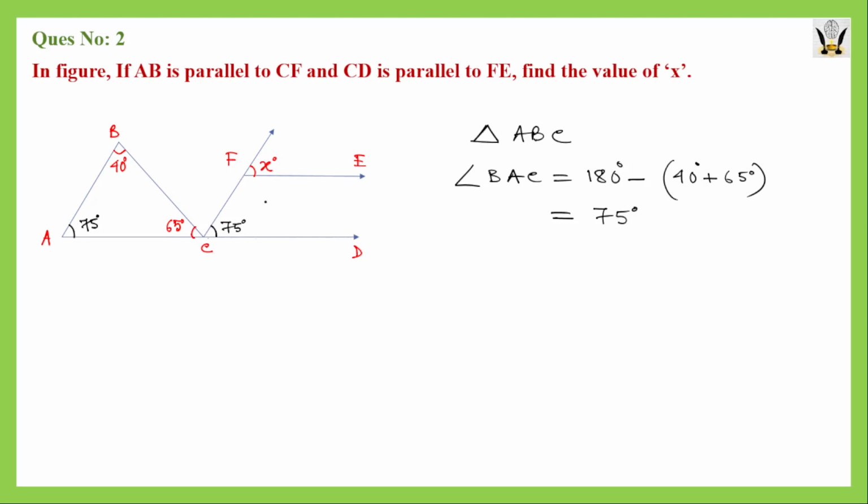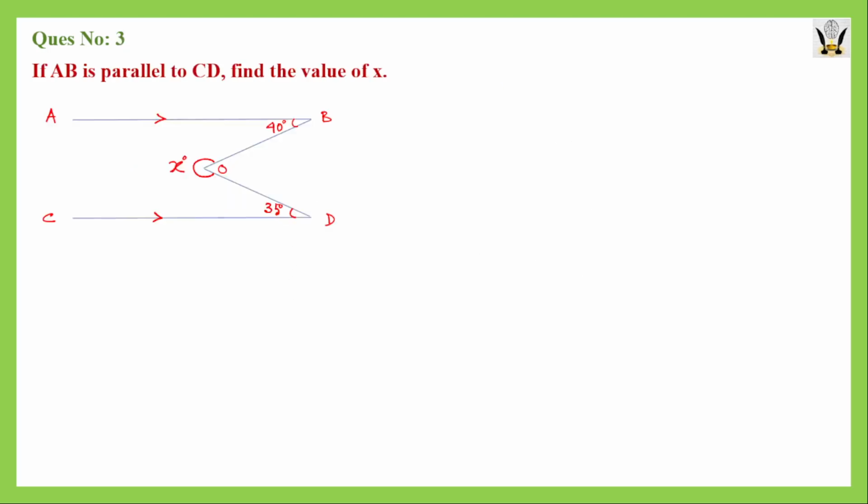So with respect to these two parallel lines, CF can be considered as transversal, and this angle FCD and this angle will be corresponding angles. So these two angles will also be equal. So with respect to that, we can also say that the value of X, or the measure of this angle, will also be 75 degree.